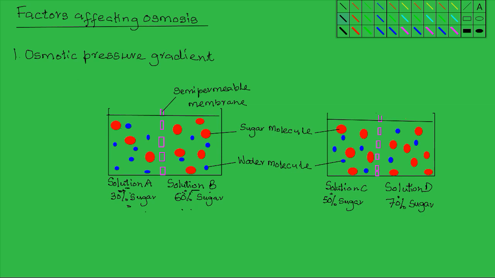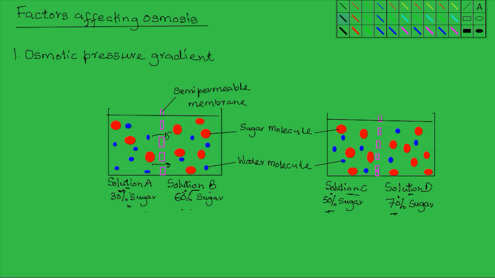Now osmosis will take place from a region of high water concentration to a region of lower water concentration, or from a region of lower solid concentration, that is 50% sugar, to a region of higher solid concentration, that is 70% sugar. So water molecules will move by osmosis from solution C to solution D across this semi-permeable membrane.